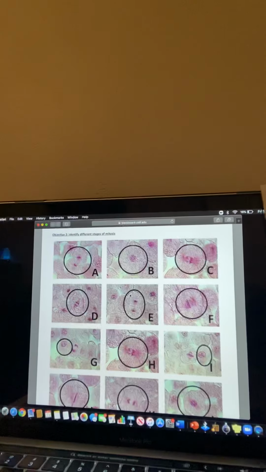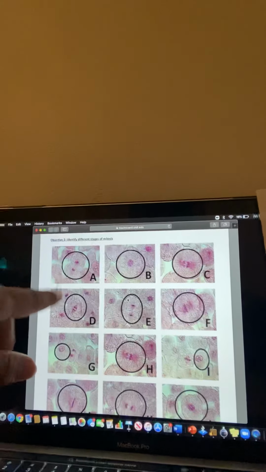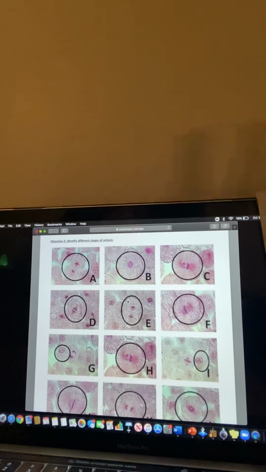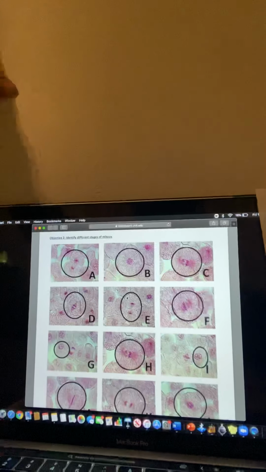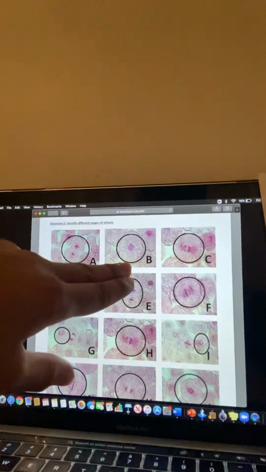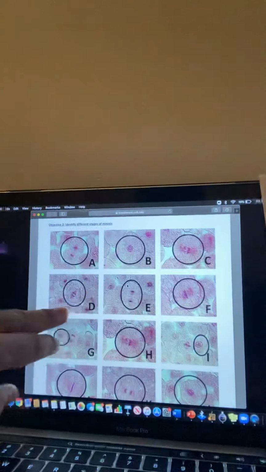All right, so starting with A here, I would say telophase. Those two structures separated. B, I would say is interphase. C, metaphase.